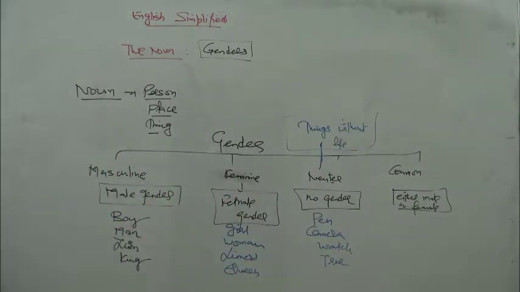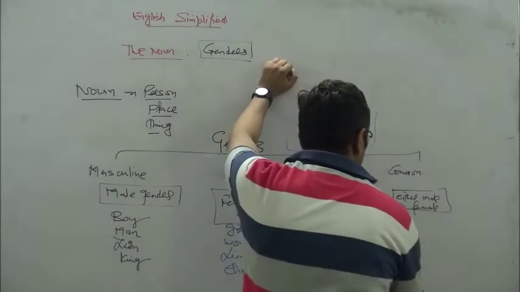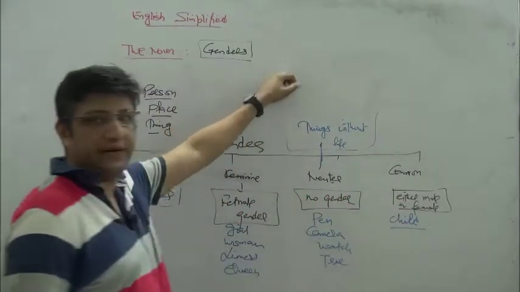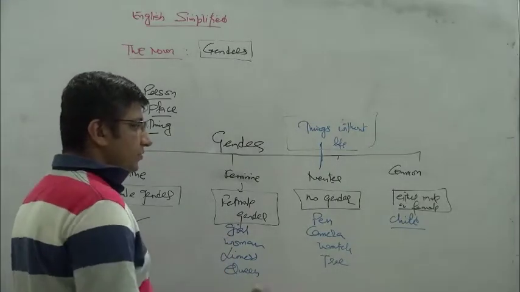And then when we look at, let's say, common gender, they would apply to either a male or a female. Okay, so if I say child, it could be a girl child, it could be a boy child, so both may be referred to as a child.